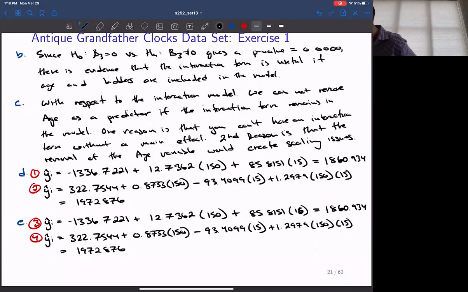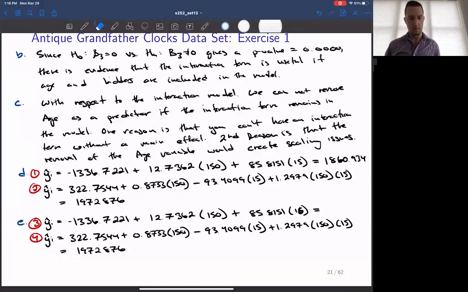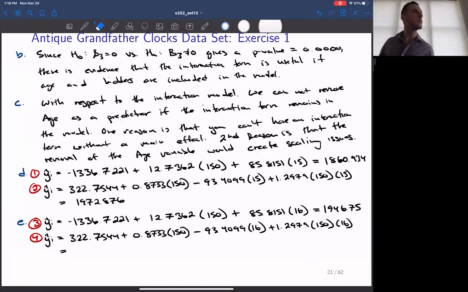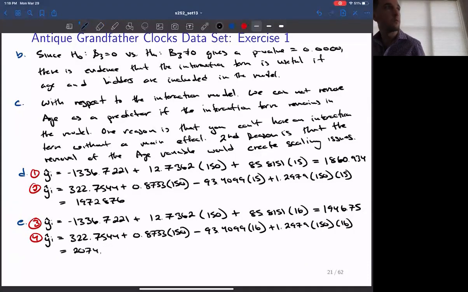This is going to be 16. All right, so this is going to give us 1946.75. And then the second one is going to give us 2074.151.